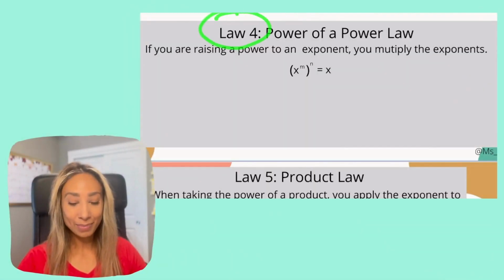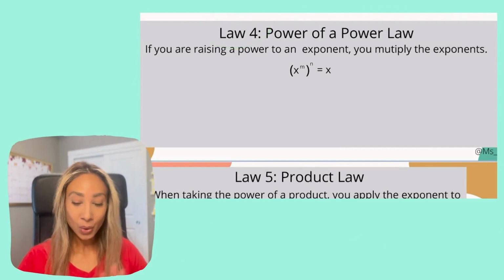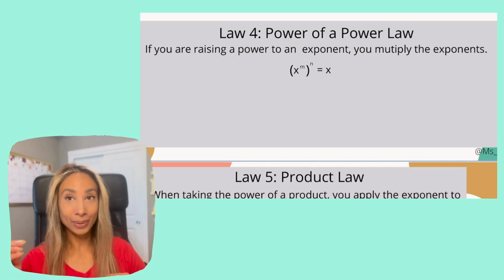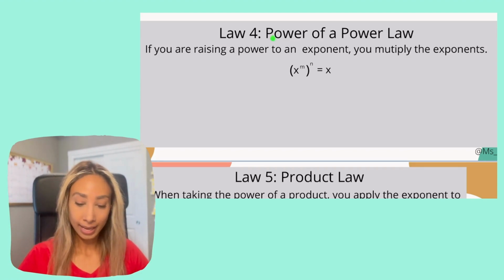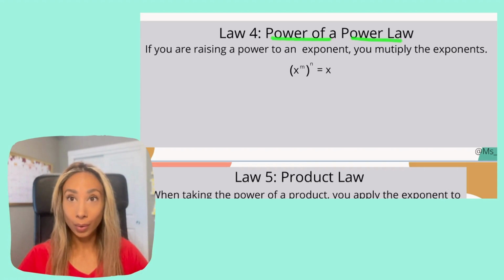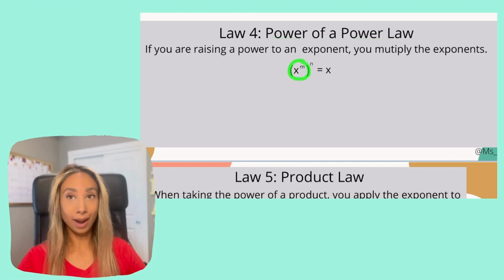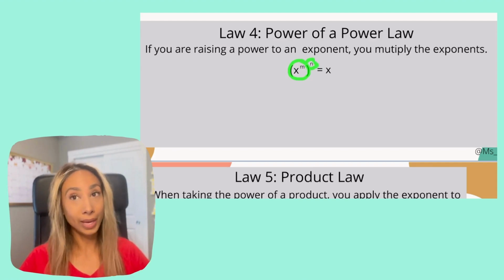Okay, law number 4 here, if you will. With this one, it does get confusing with the multiplying exponent laws, but what's happening here is the power of a power. That means you have your one exponent already there, but you also have a power on the outside of it.